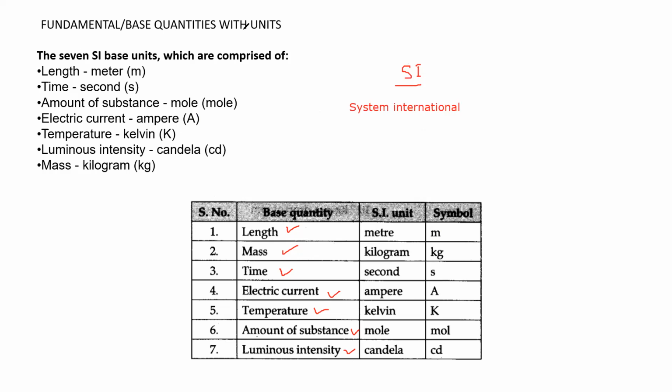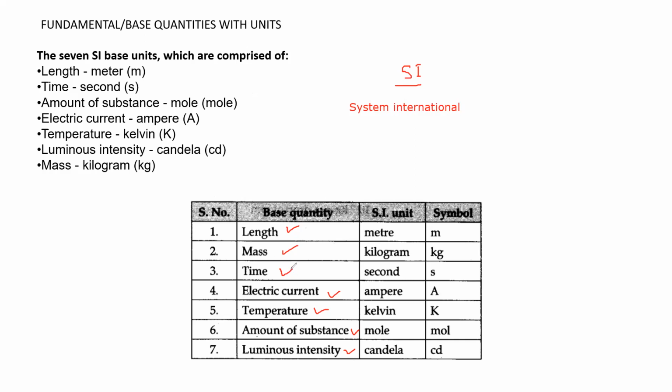Fundamental or derived? Mass of an object. So mass is a fundamental, the basic. So mass will be here. Length. So length is also fundamental.